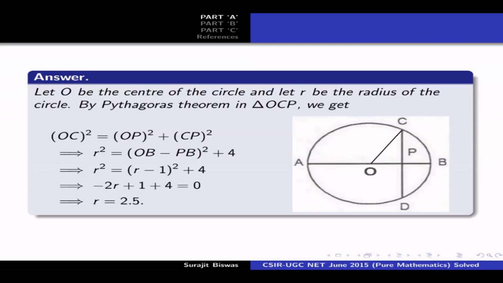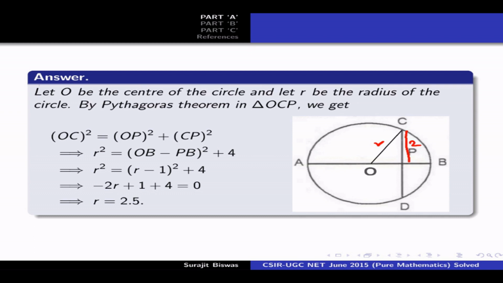For this, let O be the center of the circle and let R be the radius of the circle. By Pythagoras theorem in triangle OCP, we get OC square equal to OP square plus CP square. We know CP is given to be 2, so CP square is 4. OC is R, being the radius.